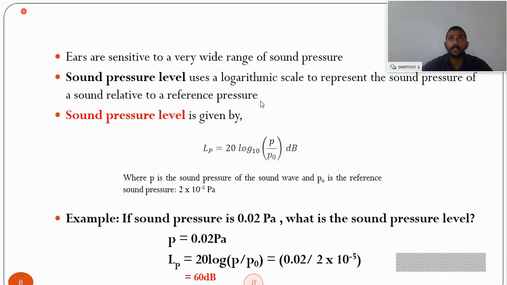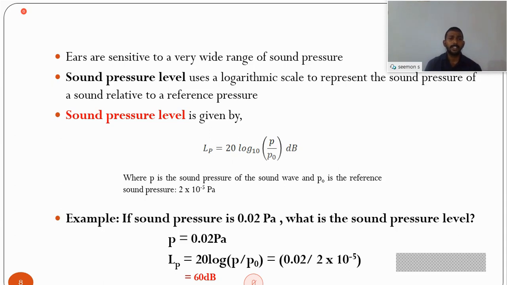As the reference pressure we take the threshold pressure we already saw, 2 times 10 raised to minus 5 Pascal. The sound pressure level is found by the equation Lp equals 20 log to the base 10 of P by P naught, which gives decibels. P is the pressure of the sound wave, and P naught is the reference sound pressure, the threshold, 2 times 10 raised to minus 5.